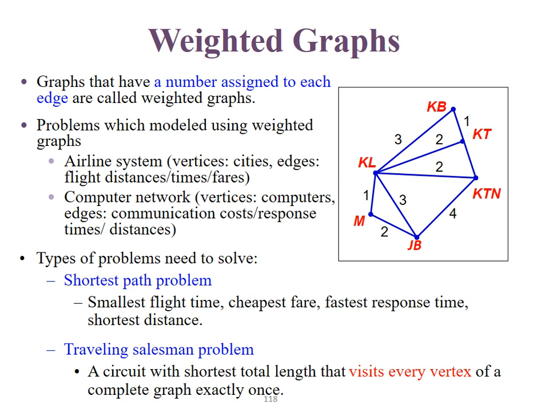We have the weight along the edge. For example, KL to M, the edge number is 1. KL to KB, the edge number is 3.